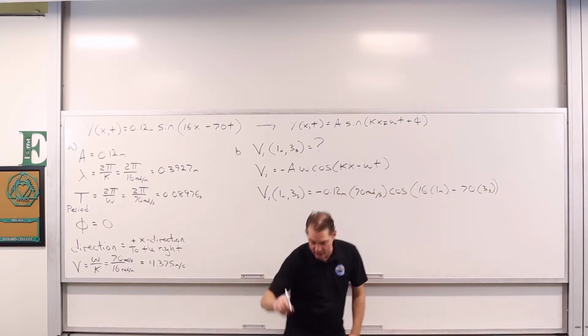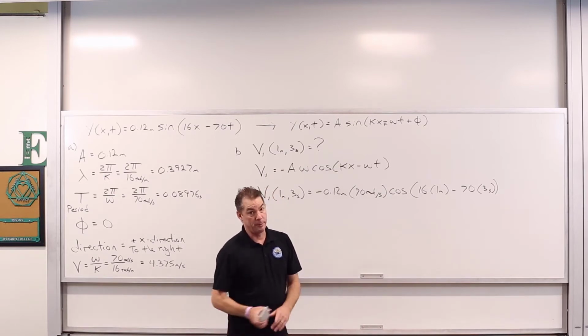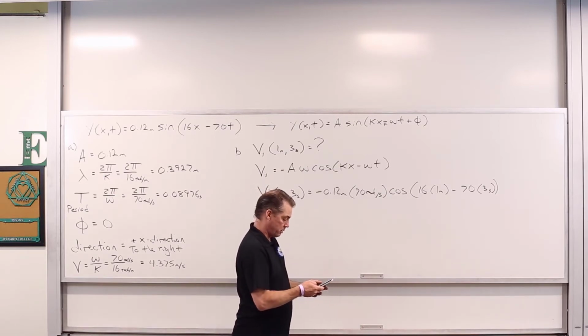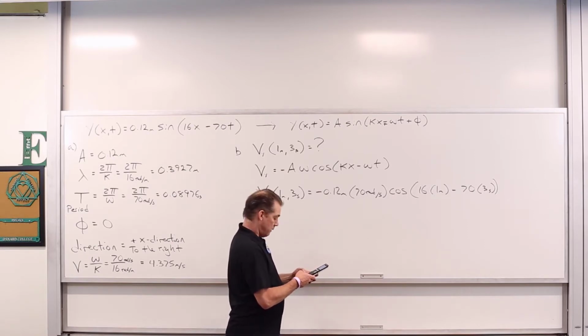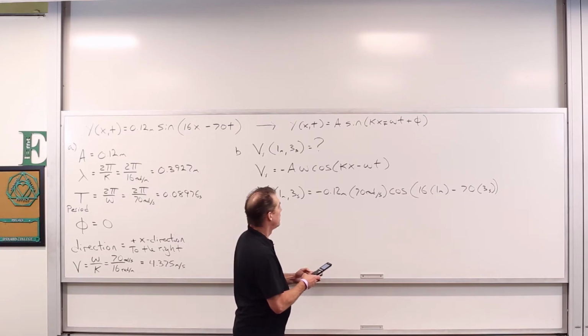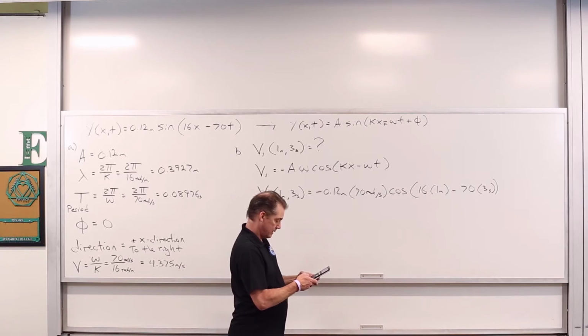What does that mean for our calculator? Calculator better be in radians if you're evaluating this. So that's exactly what we're doing. Let me go ahead and switch over to radians because I was in degrees. And we can go ahead and do this. Negative 0.12 times the cosine of 16 minus 70 times the 3.